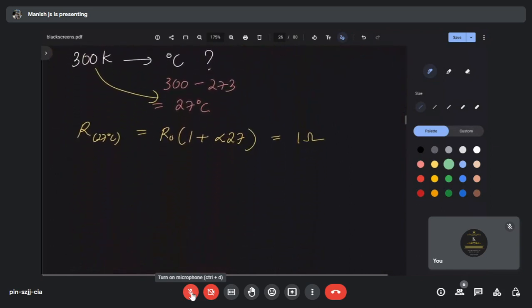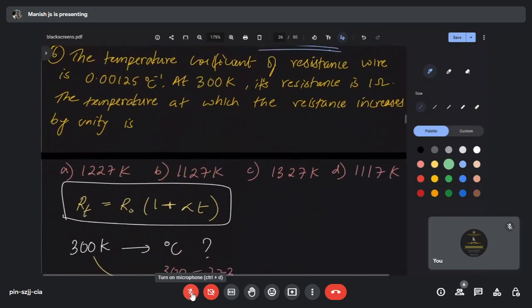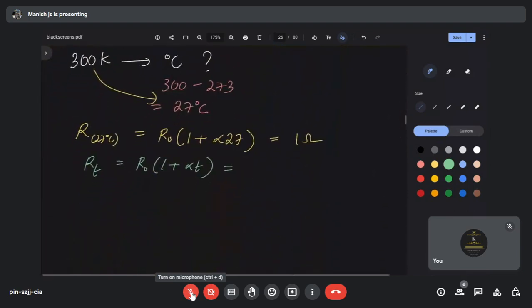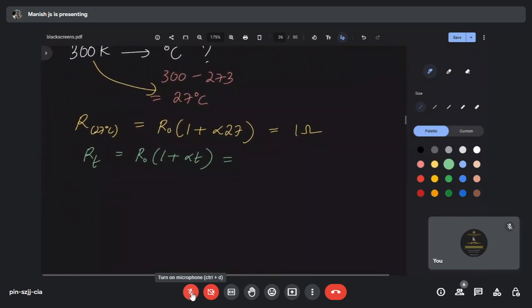The relationship, okay. Same thing at a certain temperature T: R0 times 1 plus alpha into T. At a certain temperature, they are saying the resistance is increasing by unity. What do you mean by increasing by unity? By a factor of 1. It is 1 ohm more than what it was before.